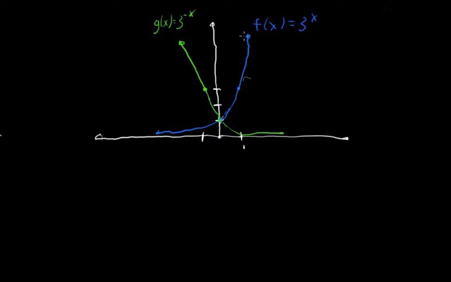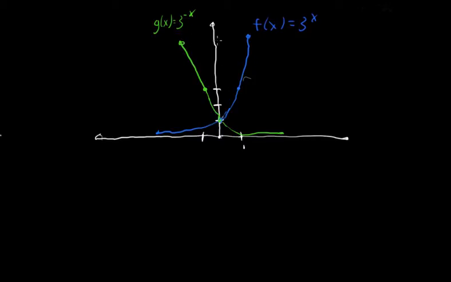Let's say we plugged in 100 here. We'll get 3 to the 100. But that same thing will happen here in g of x at 3 to the negative 100.